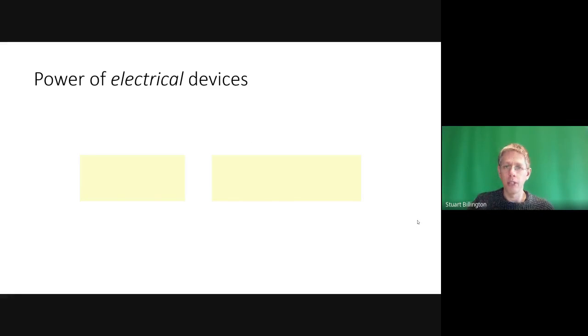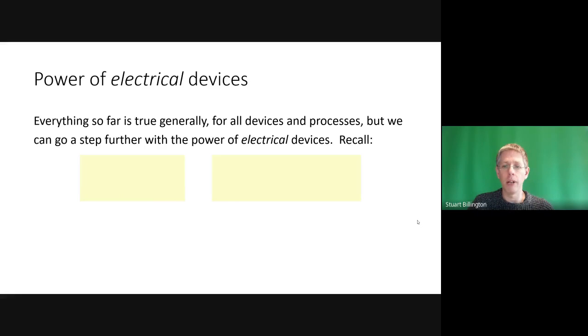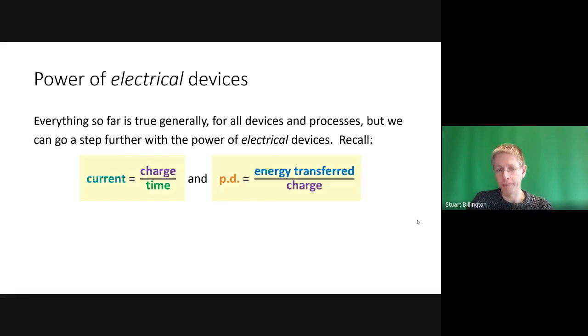Okay, this is where we're going to glue the formulae together. So the definition of power is generally true that it's the energy transferred per second. And that's true of everything. That's true of you. That's true of someone banging a drum, making a sound, anything like that. But when you're talking about electrical devices, we've already got some formula involving energy.